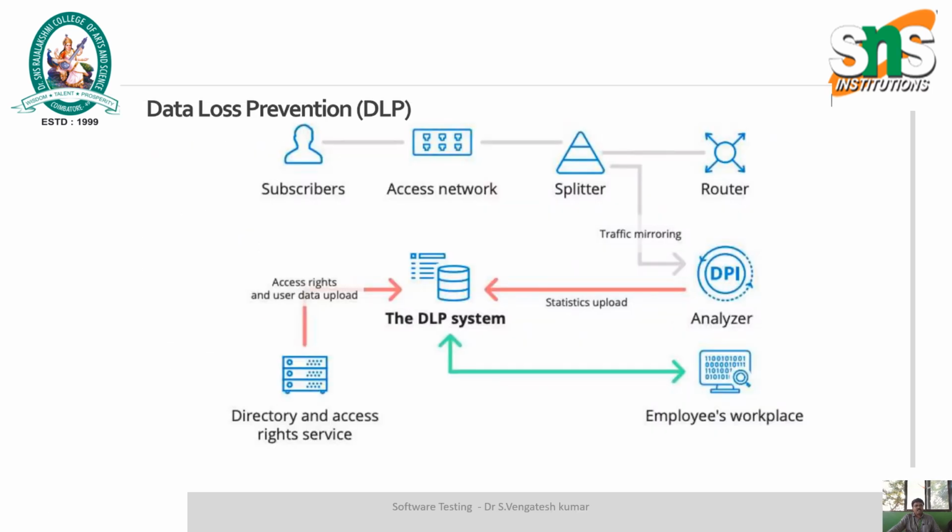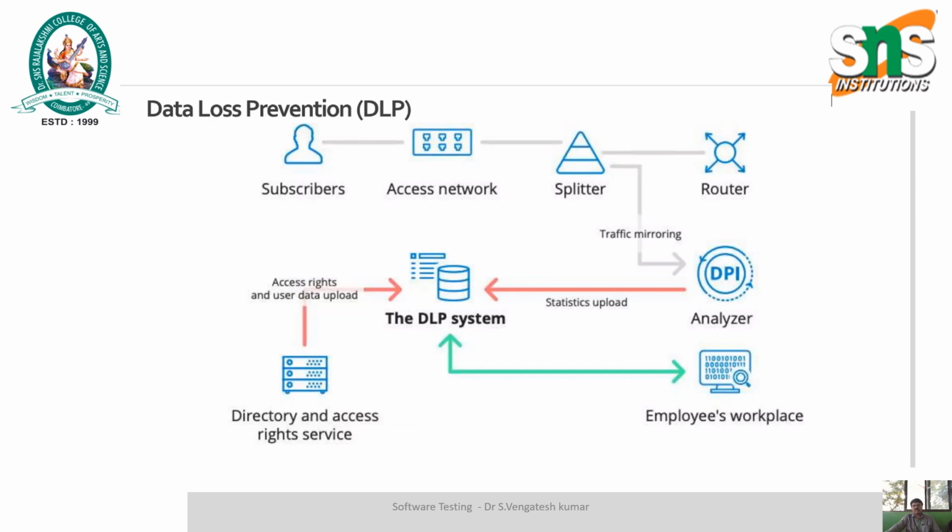Another case here is data loss prevention. We have to prevent our data loss with the help of data loss prevention. There are certain things we have to analyze here: the subscriber, the access network, the splitter, and the router which splits up our data, the analyzer which we work on, the employee workshops which are conducted, and directory and access right services.